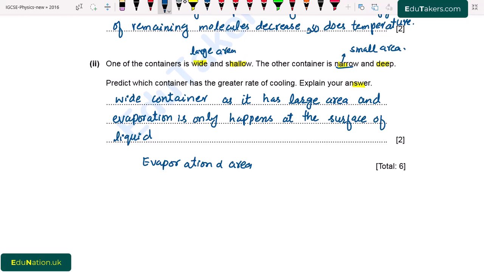So it will have a large rate of evaporation and also a greater rate of cooling. Because evaporation causes cooling, that's why the wide container has a large rate of cooling.